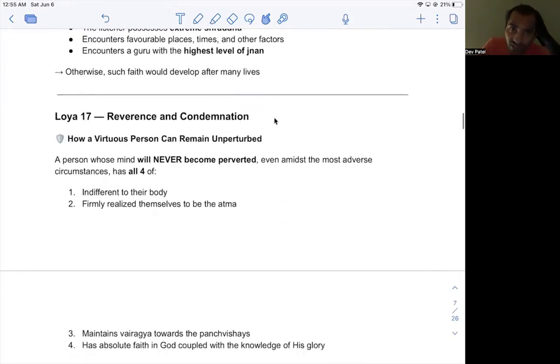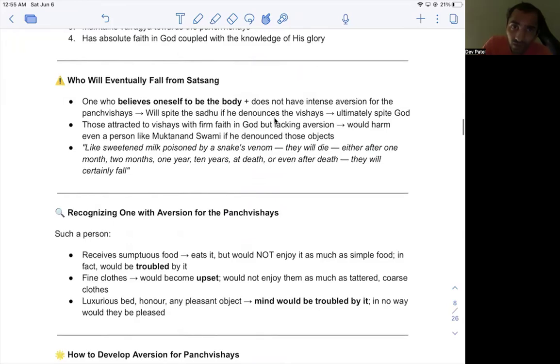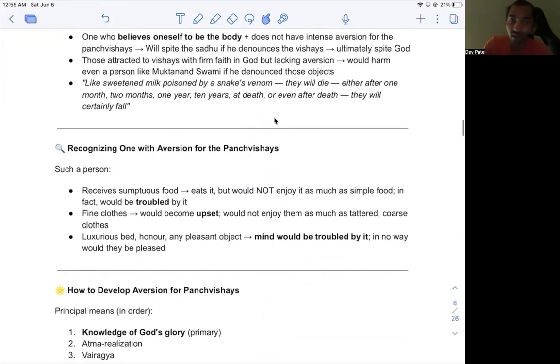Reverence and condemnation: think of someone falling down, and as he falls, he thinks about aversion for the panchvishays. If he receives sumptuous food, he eats it but does not enjoy it, and if he has fine clothes, luxurious bedding, honor, or any pleasant object, his mind does not become troubled by any of it.